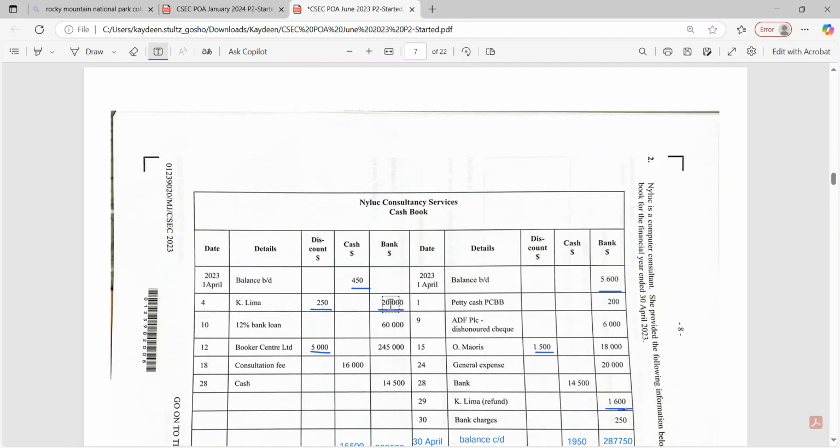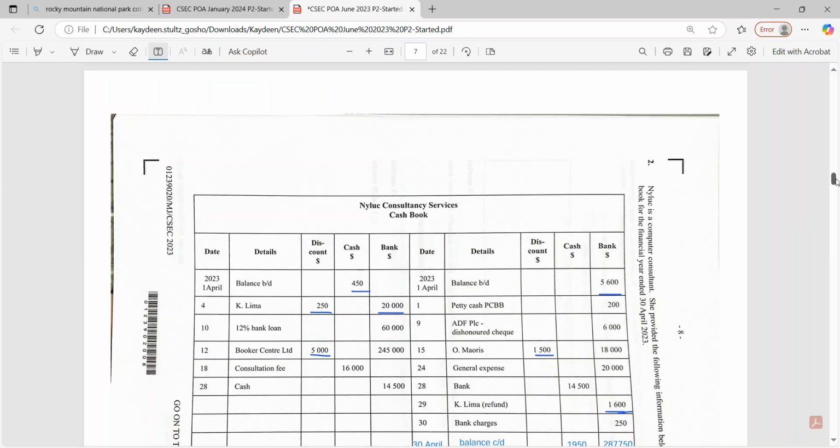We have K Lima purchasing goods from us, $20,000 for the bank, $250 for discounts on the 4th of April. So we have to put that in K Lima's account, right? And then we gave K Lima a refund on the 29th of April, 1,600. Let's see how we do that now in our account.